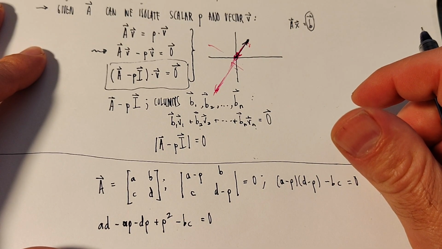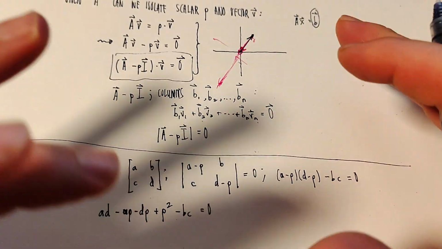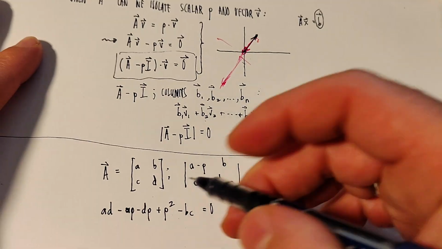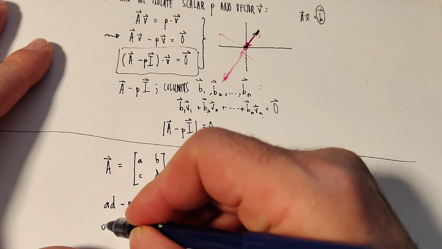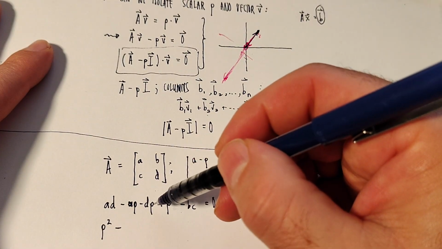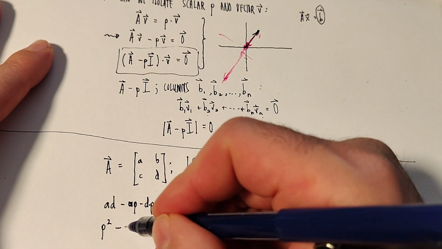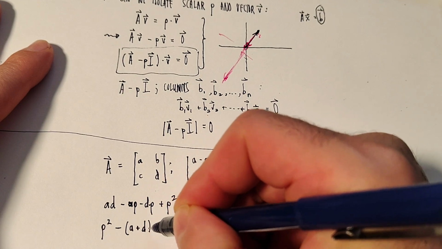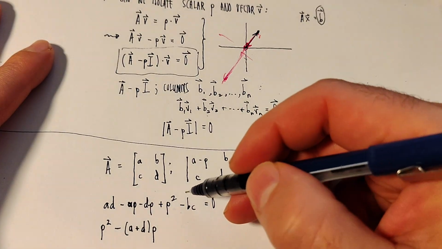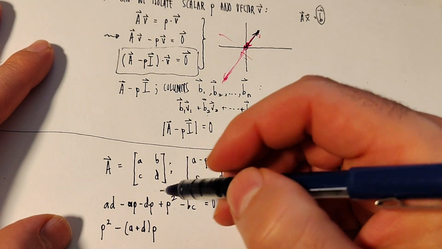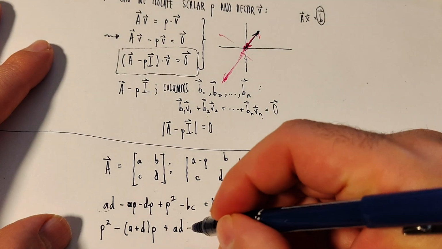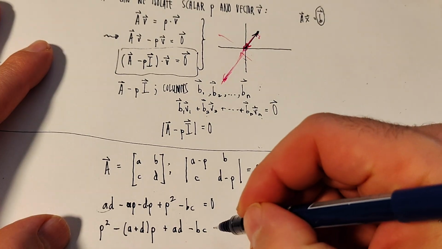And if you take a look at this, what you'll see is that we can rewrite this as rho squared minus, we've got a rho here and a rho there, so it's going to be A plus D times rho, plus A times D, so that value here, minus B times C equals 0.